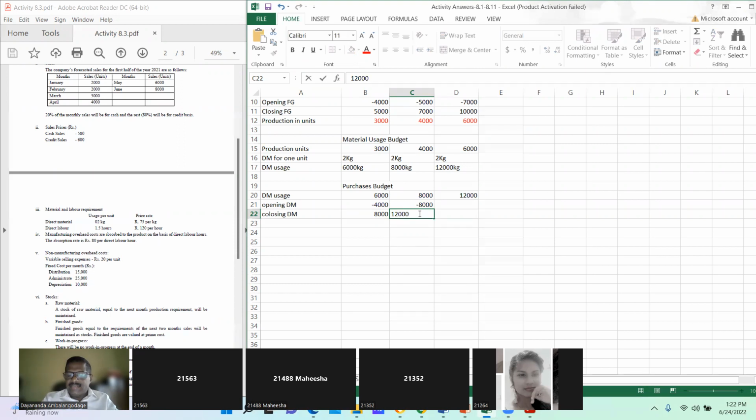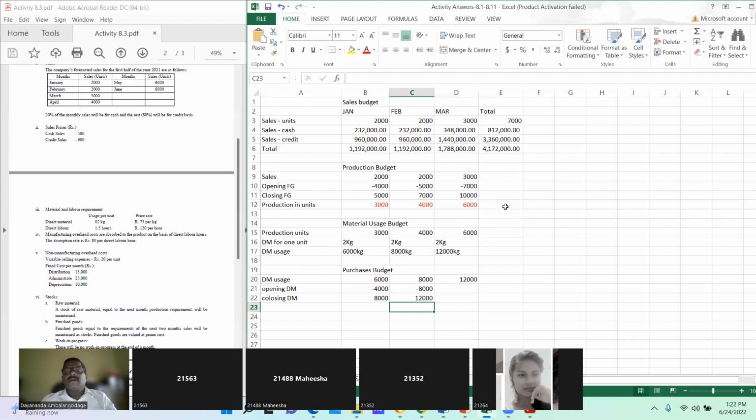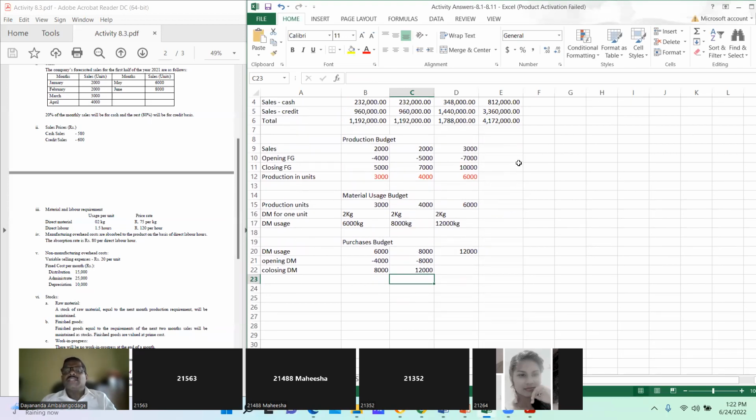And third, for the March, April production requirement, we don't know. So you need to calculate the working, or you can continue it. Just look at the sales for the April month. It's 4,000.